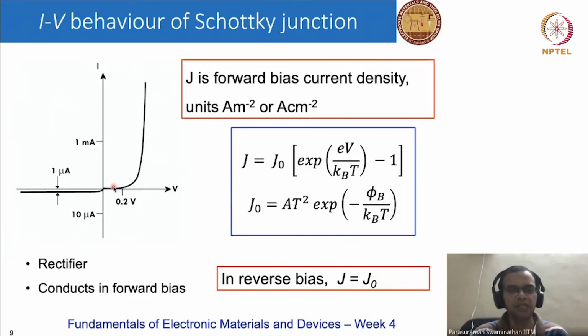In reverse bias, the current is more or less constant, and it is a very small value, and the value is equal to J0. Thus, a Schottky junction acts as a rectifier in which it conducts current only in the forward bias side, but does not conduct or have very low conductivity in the reverse bias side.